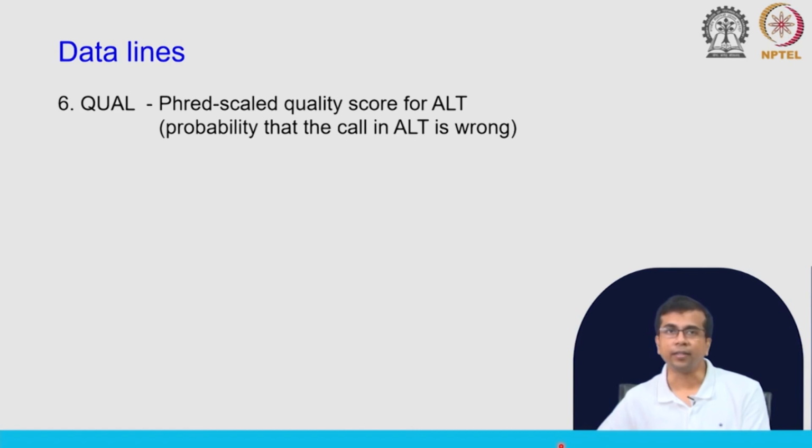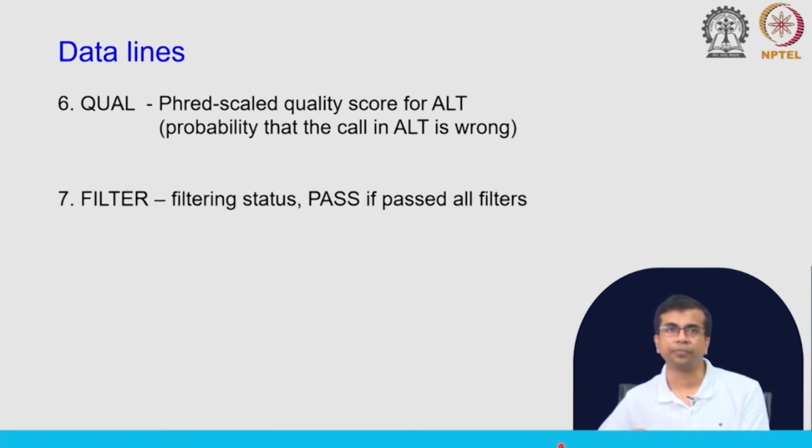Then the sixth is the quality. This is the Phred scale quality score for ALT, the alternate base, and this is related to the probability that the call of the alternate base is wrong. Very similar to the Phred score that we have talked about. Then you have the seventh field, the filter, which is the filtering status, and this will mention PASS if the variant passes all filters.